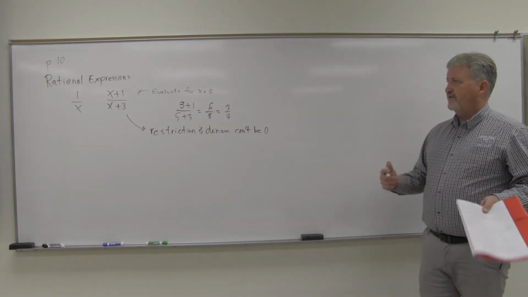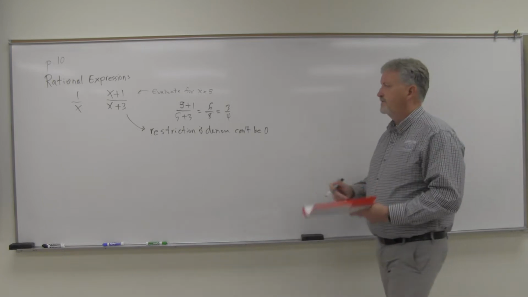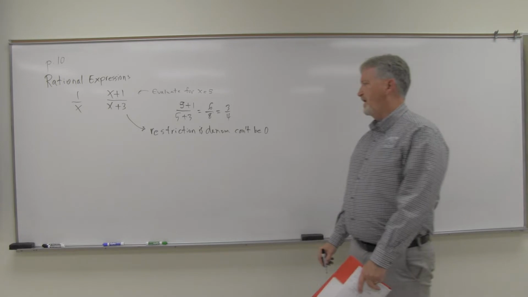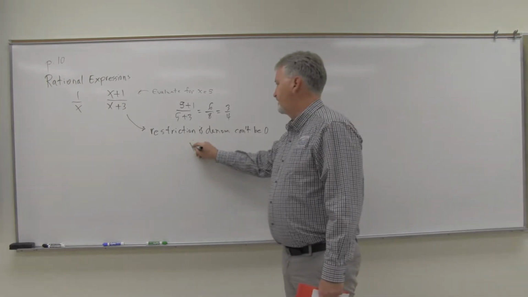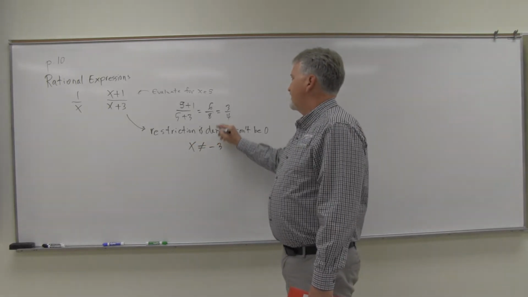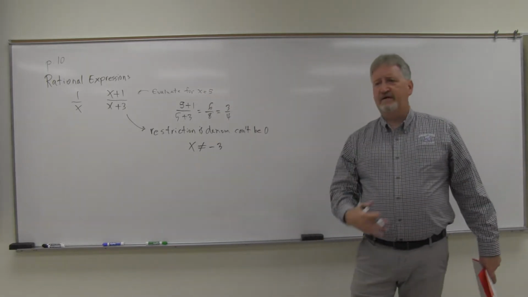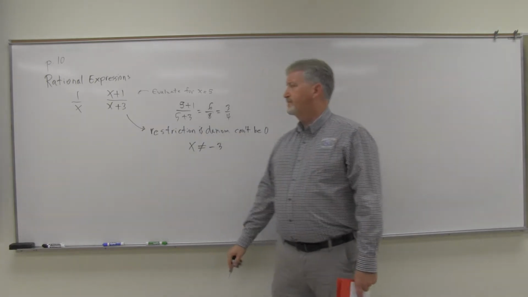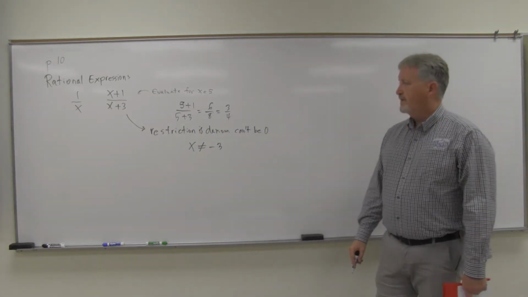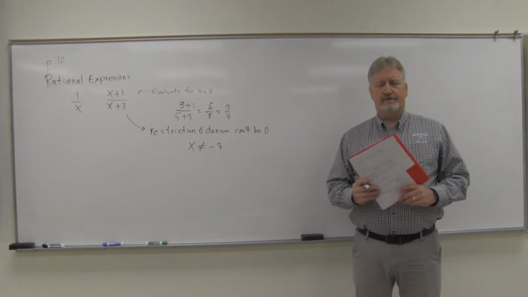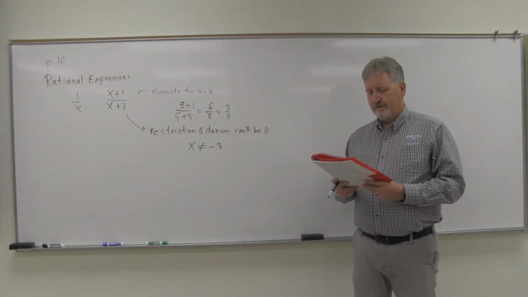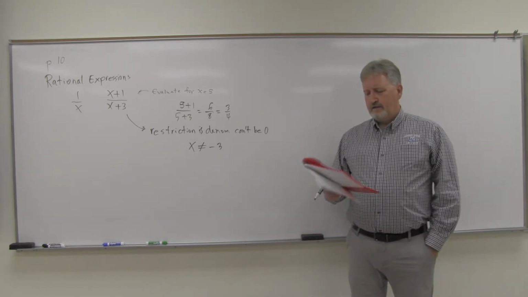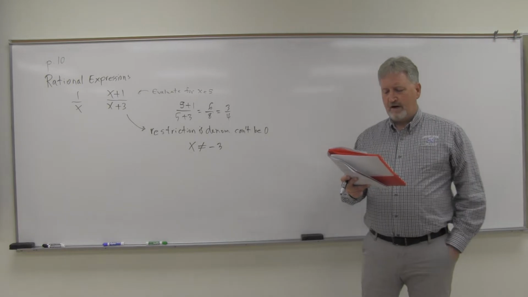So you can't divide by 0, so the denominator can't be 0, and so the restriction on this one, x plus 1 over x plus 3, is that x cannot be -3. So we plug in x to be 5, we could plug in any other number except what makes the denominator 0. We'll probably talk more about that type of restriction later on, but you did just mention it in this one.